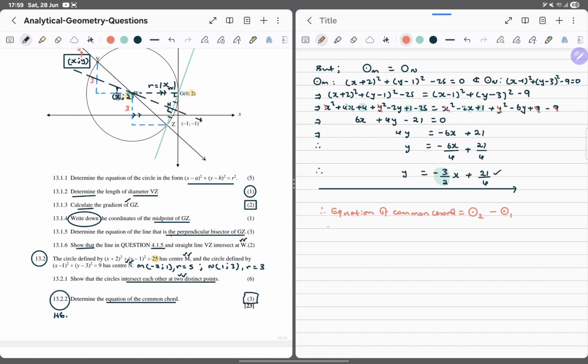And that equation comes up nicely. So this is what we can say. So again, guys, this is noteworthy. Please put it down. This is noteworthy.